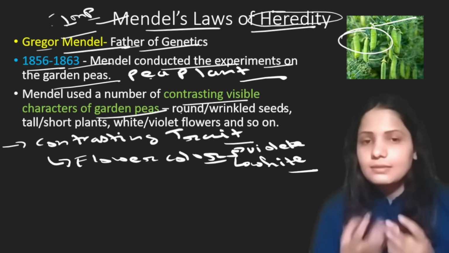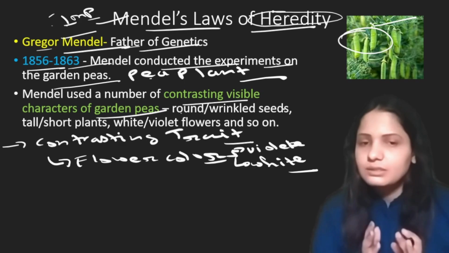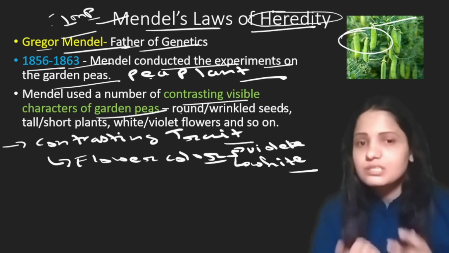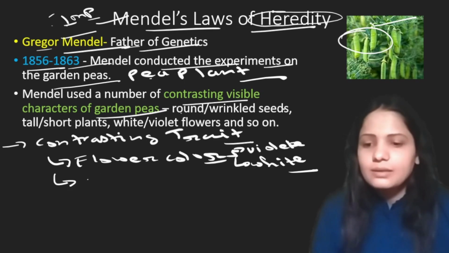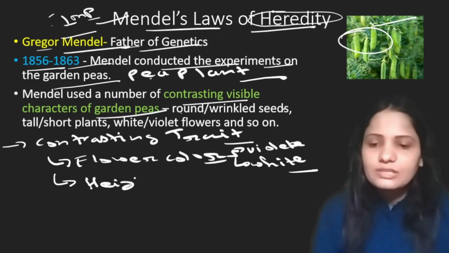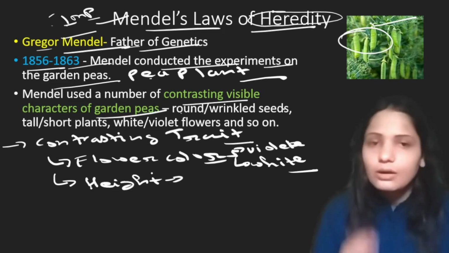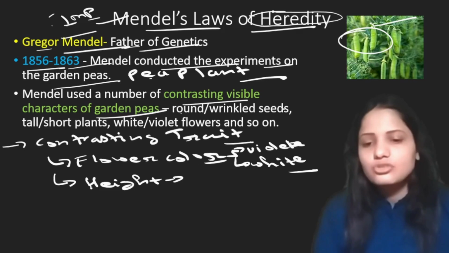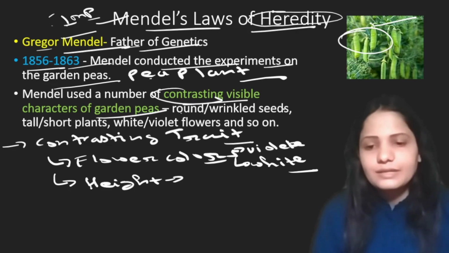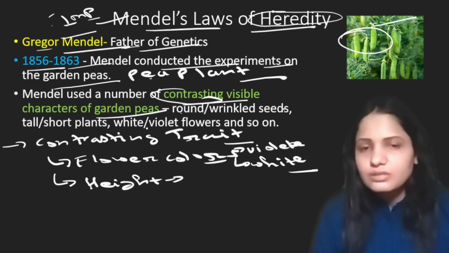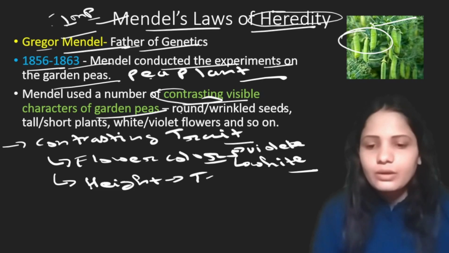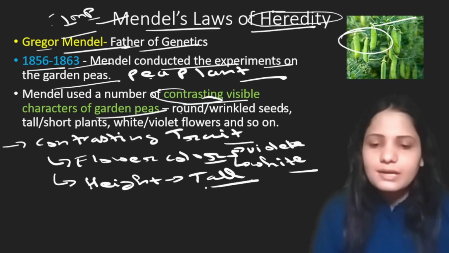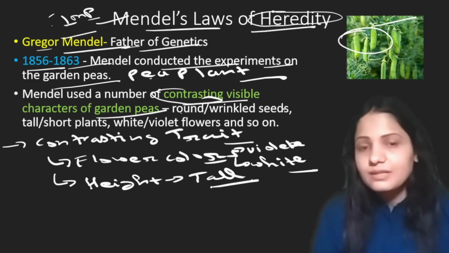So he considered only the contrasting traits for his study, for his experimentation. For example, height. You can easily tell which plant is tall and which plant is short. So again, this is a contrasting trait. Now you know what a contrasting trait is. Okay, contrasting traits are the traits which are clearly visible to us, so that we can make a difference between them.